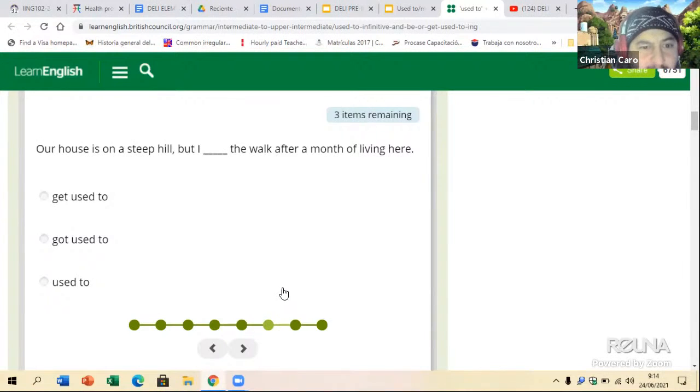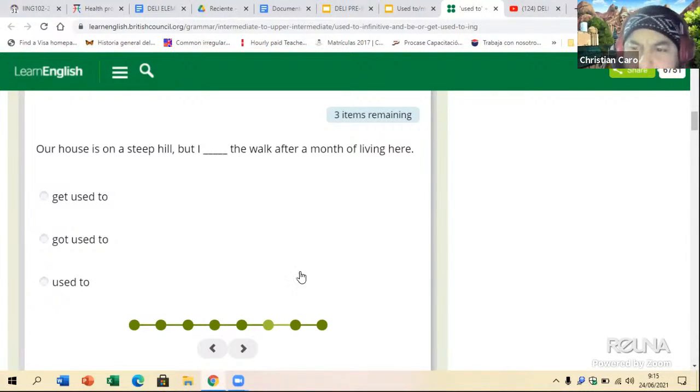I got used to the walk, but I used to the walk after a month of living here. So it means that before moving to the new house, the person maybe didn't used to walk a lot.